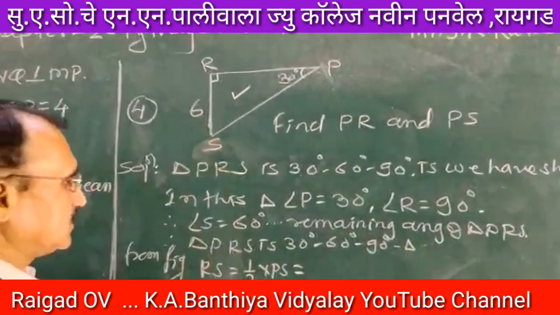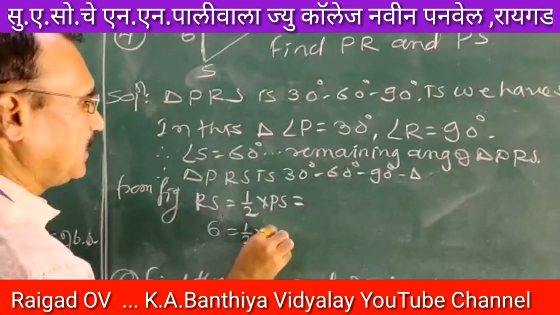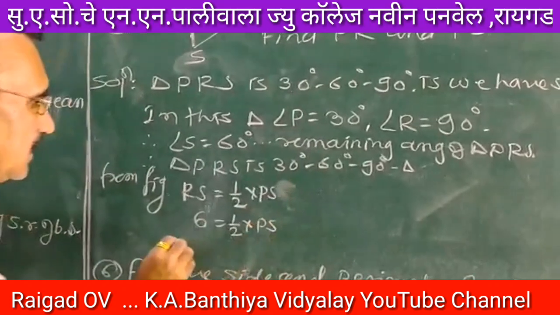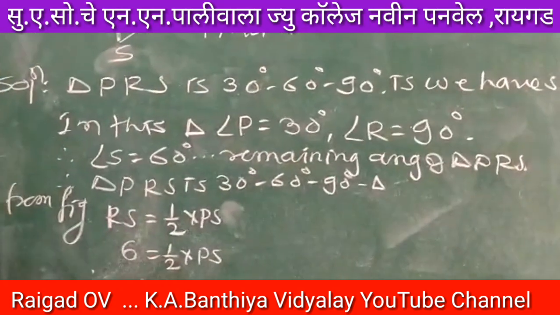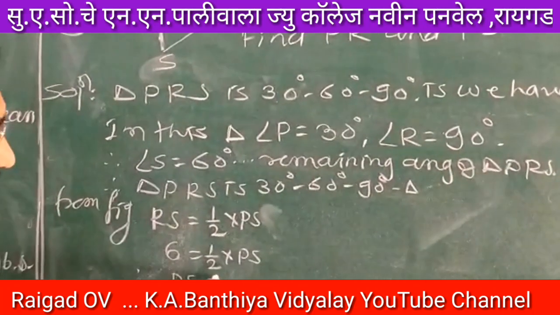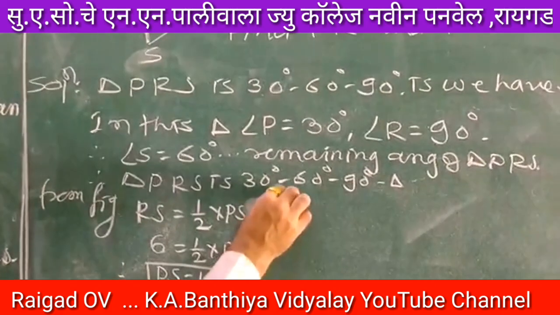Here RS is 6, already given, is equal to 1/2 into PS, and therefore after cross multiplication 6 twos are 12, and therefore here we can write PS is equal to 12. This is one required answer.